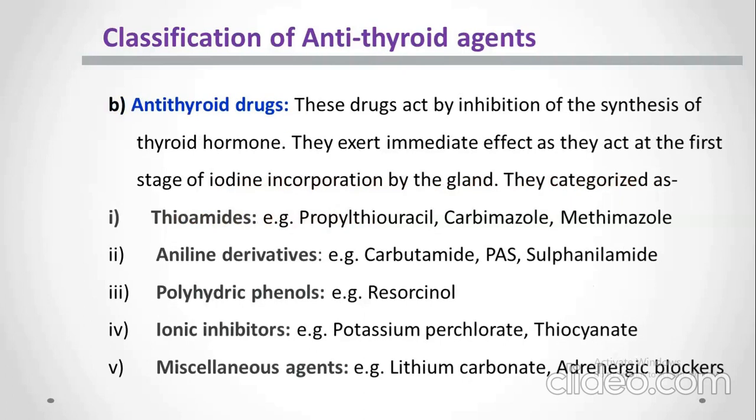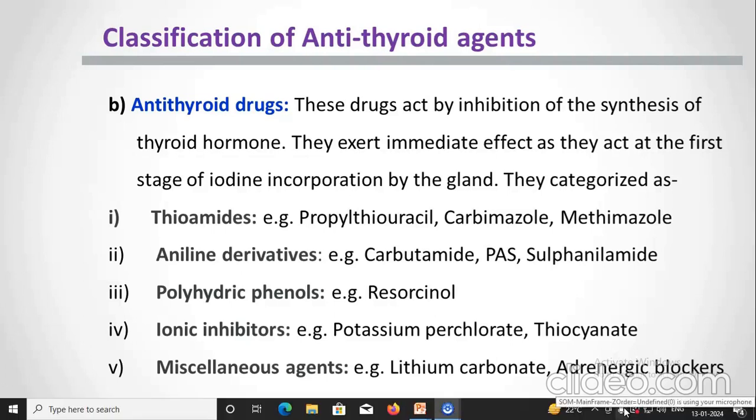Next is the use of anti-thyroid drugs. These drugs act by inhibition of the synthesis of thyroid hormone. They exert immediate effect as they act at the first stage of iodine incorporation by the gland, and they are classified as thioamides. Example: propylthiouracil, carbimazole, methimazole.